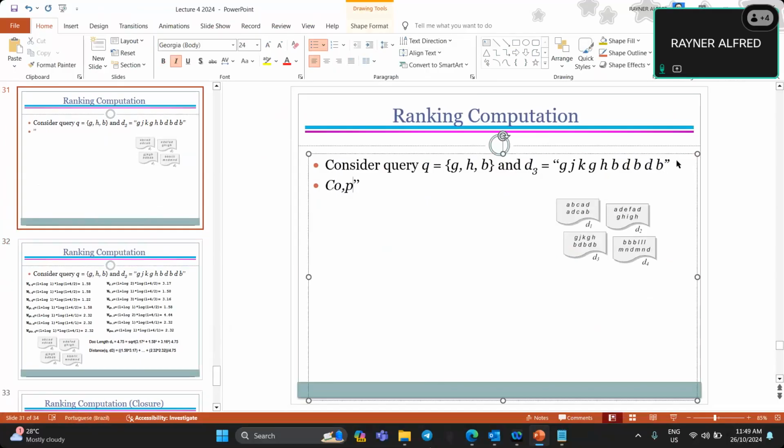Compute the distance between Q and D3 using closure.